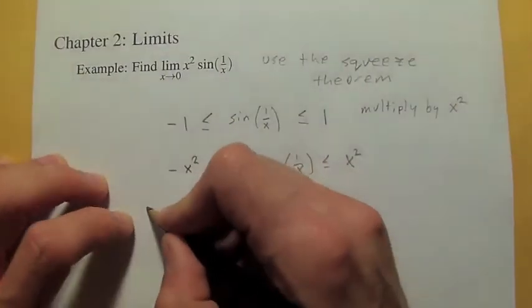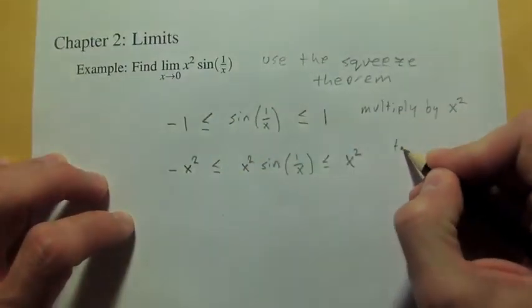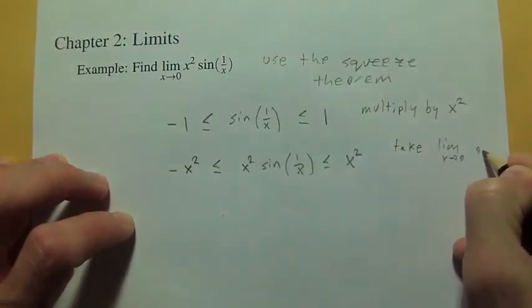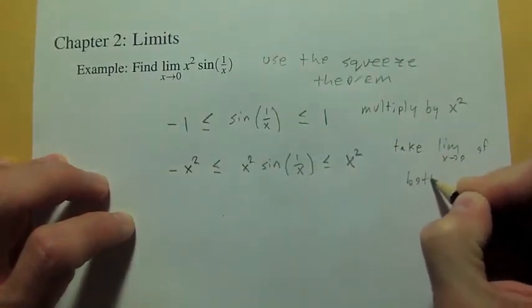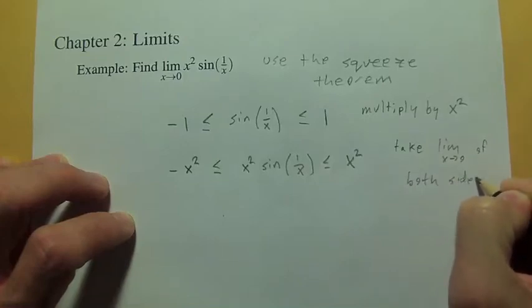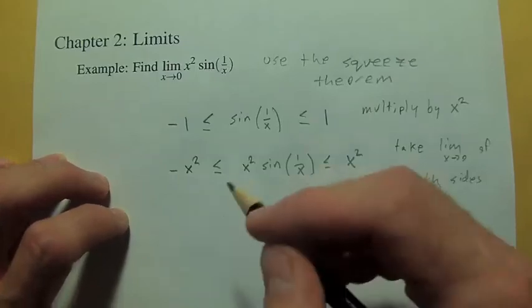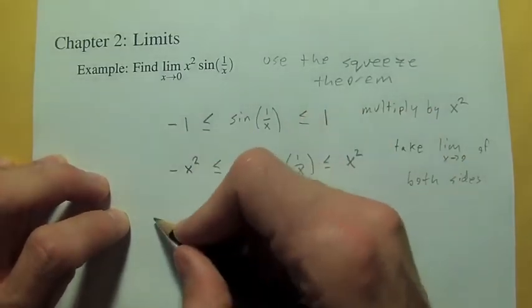So now we'll take the limit as x goes to 0 of both sides. This isn't the best way to write this, but for scratch work off to the side, it's just fine.